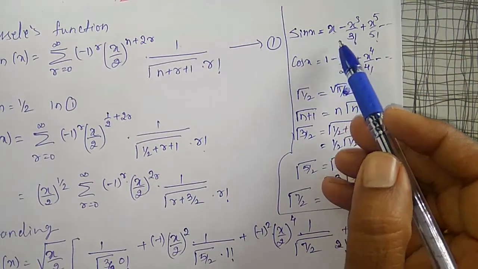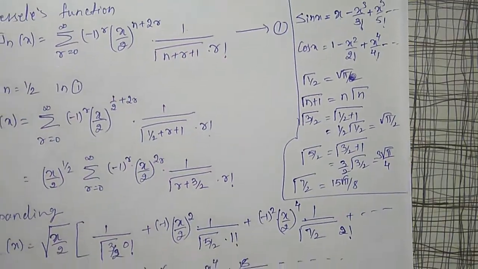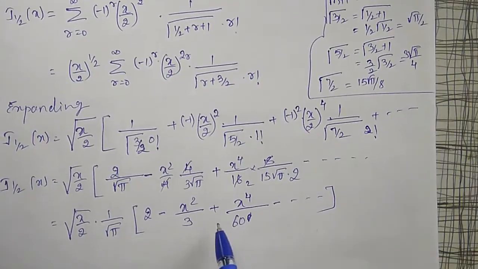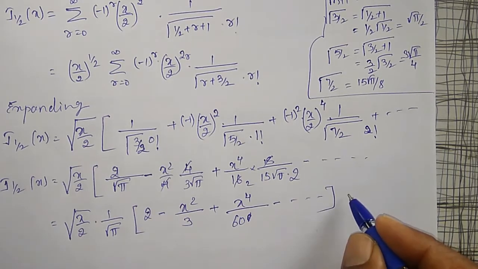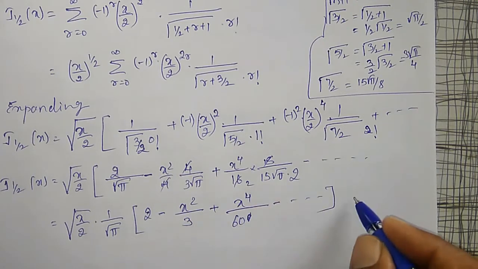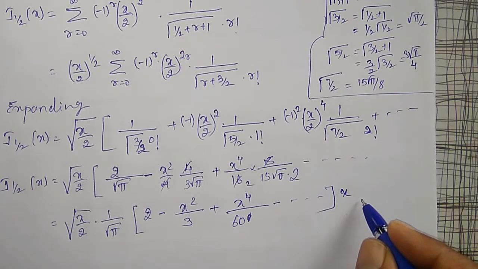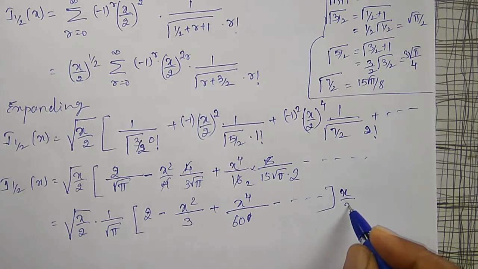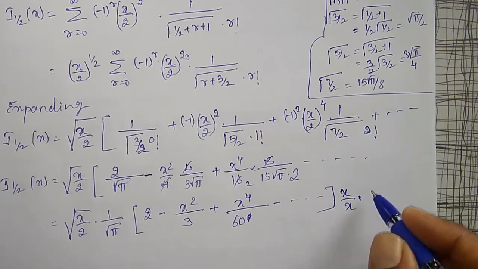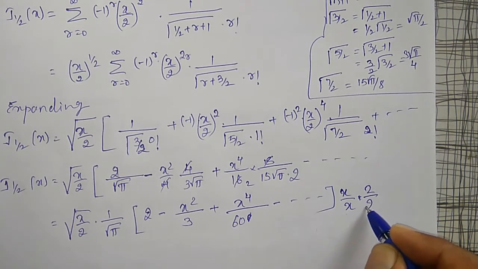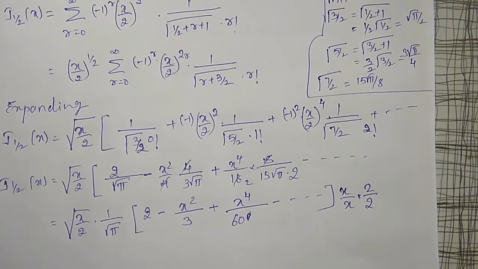Sine x, x cube by 3 factorial and all those things. Therefore, to make it like that, 2 is missing here, 2 I will take common, and one x is also missing, therefore I will multiply and divide by x. Inside all the terms I will multiply by x and divide by x also. Even 2 is multiplied, and 2 I will take, multiply by 2 and divide by 2.